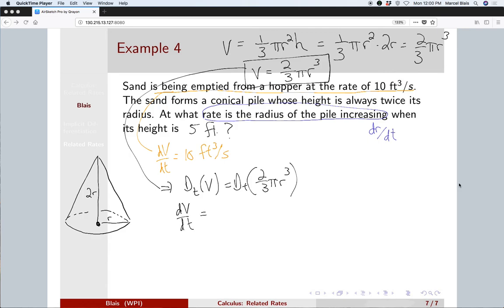And on the right, with chain rule to get that time derivative, we need the derivative of 2/3 pi r cubed with respect to r, times dr/dt. And again, that is a direct application of the chain rule. This derivative with respect to r, we do power rule. So 3 times 2/3, or 2, pi r squared times dr/dt.